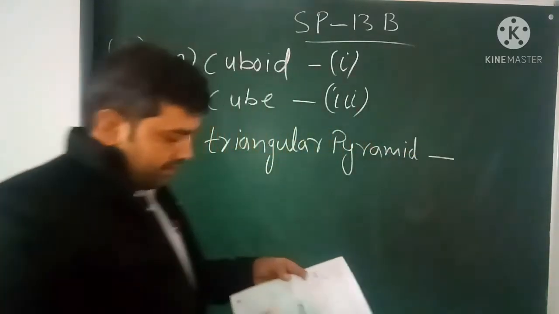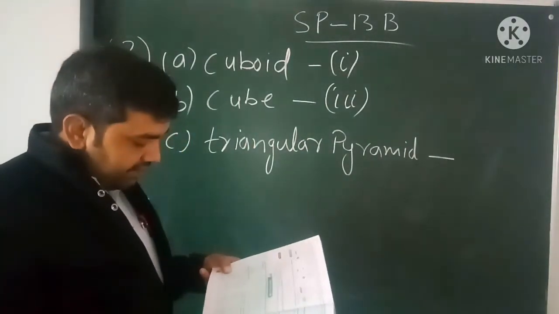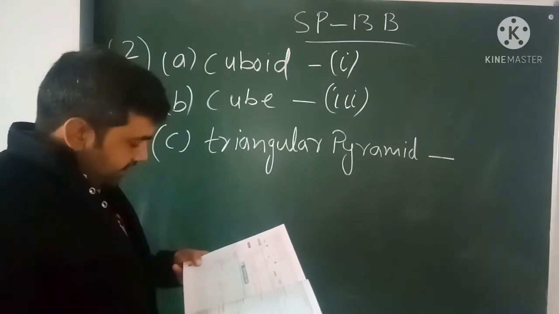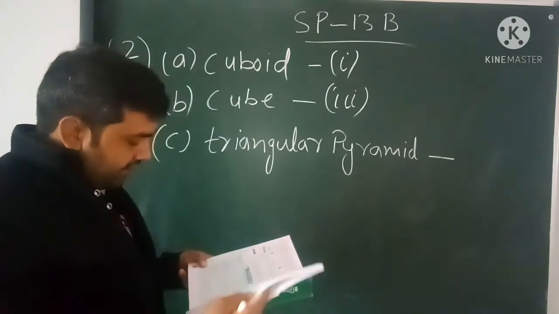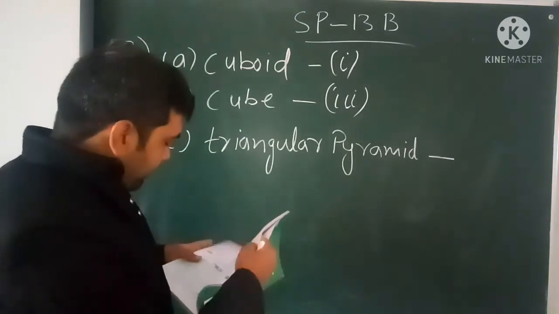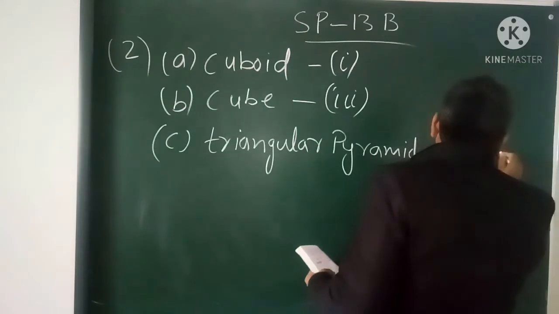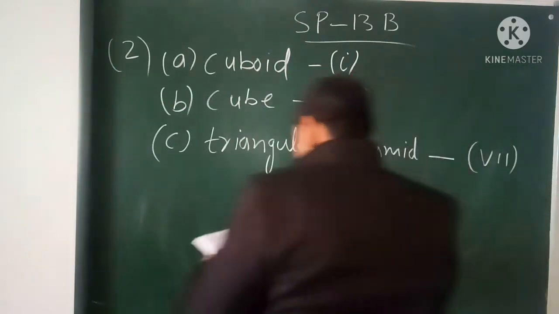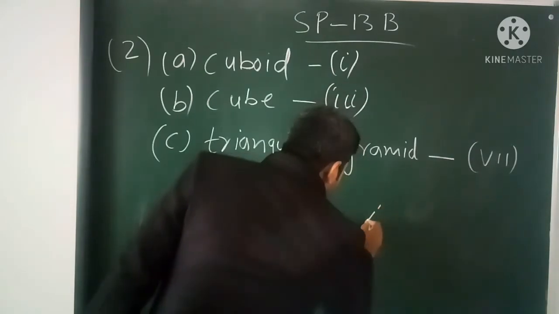In the net diagram you find the triangular pyramid as every face is a triangle. So here you can see the fourth one, the seventh one, base is triangle and each face is also a triangle in the triangular pyramid. So triangular pyramid is 7. In the triangular pyramid diagram structure you can see that is a dotted triangle.